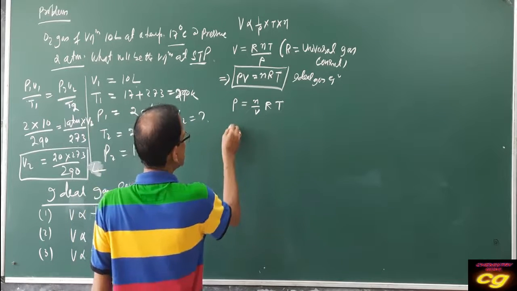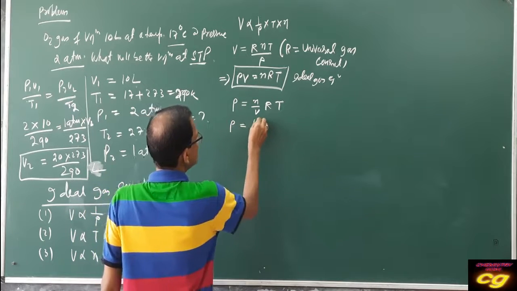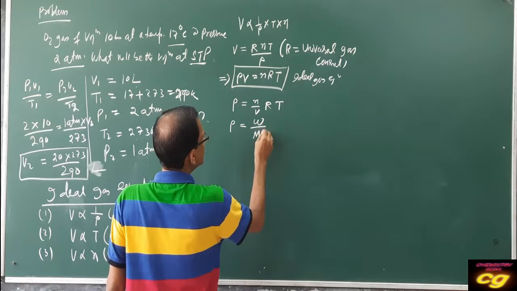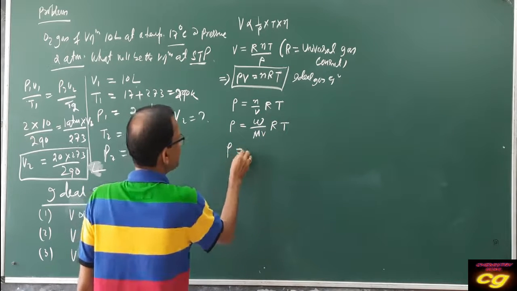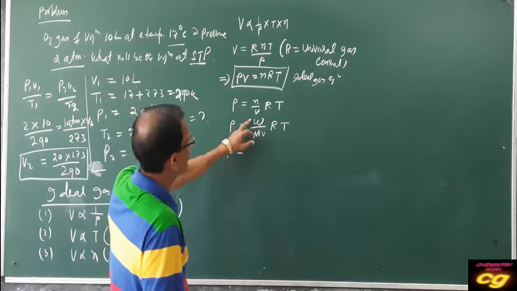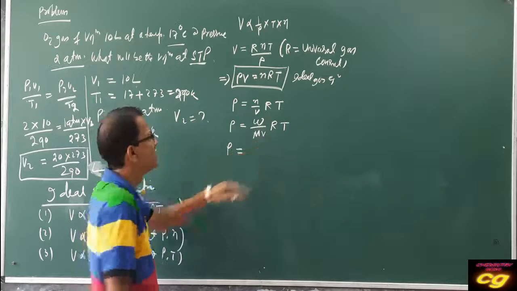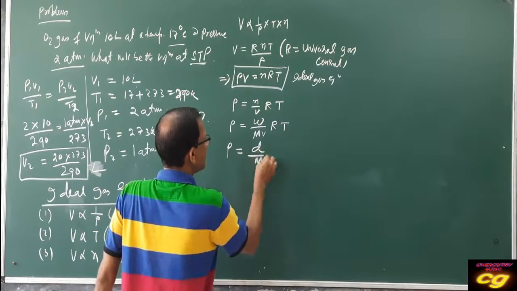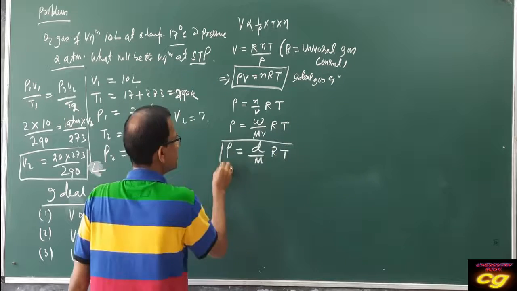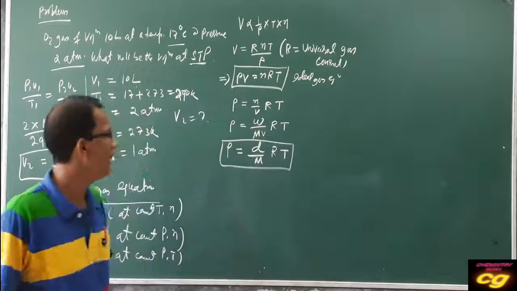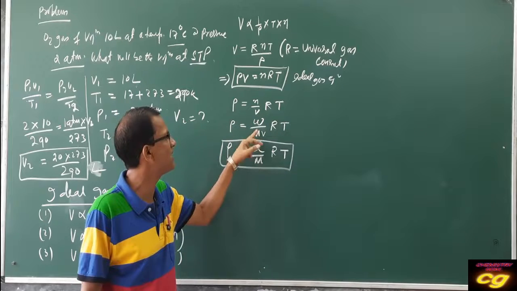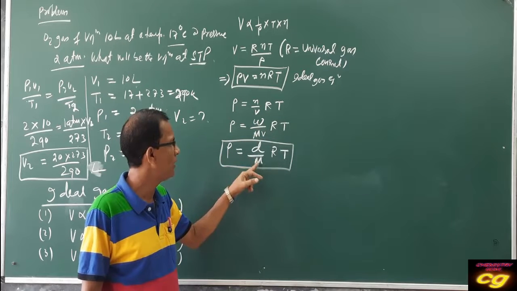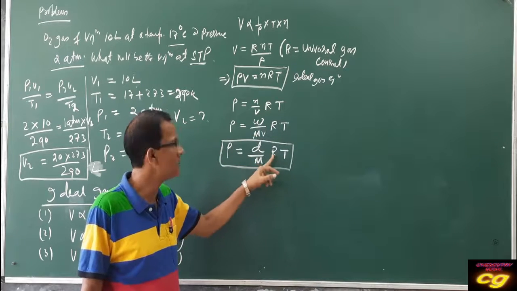If you put n as W by M, then P is equal to W by M into V into R into T. Then W by V is mass by volume, which is density, so P is equal to d by M into RT. This is another relation. Here M is the molar mass, because the number of moles is mass by molar mass.